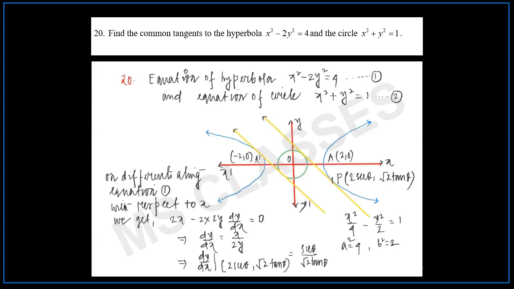This is the slope of the hyperbola at the point of contact. Now we can simplify this, but without that also we can proceed here.